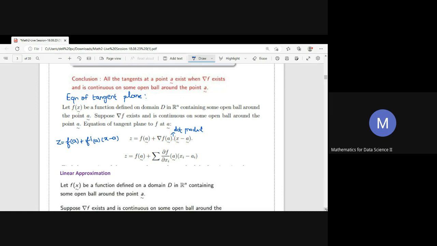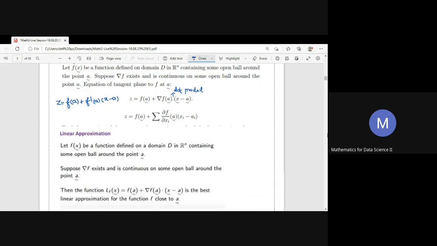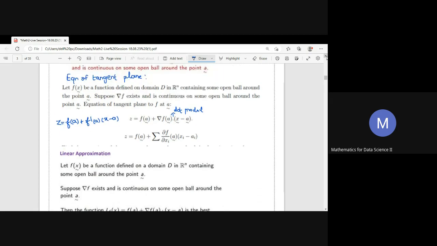And we saw that these tangent planes are nothing but the linear approximation. Suppose you are having some curve. I am not very good at drawing these 3D structures. Anyway, imagine some 3D structure like this. Suppose you are considering this particular point. What does this linear approximation mean?